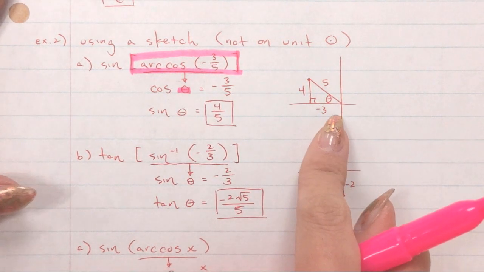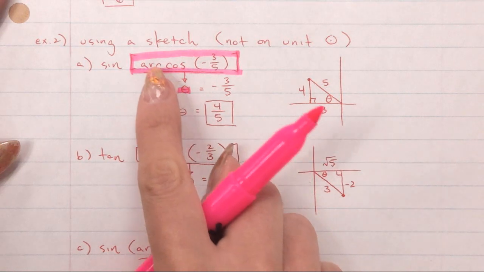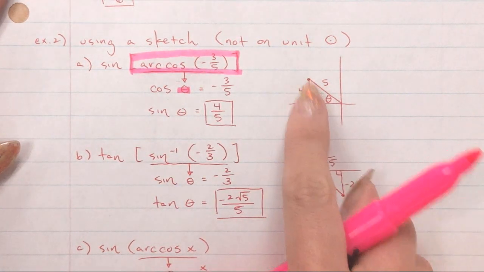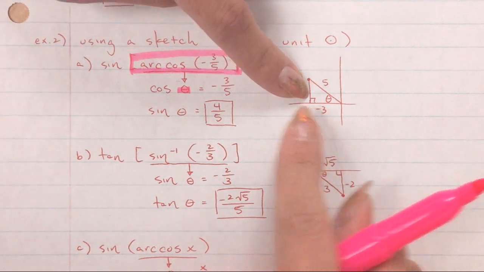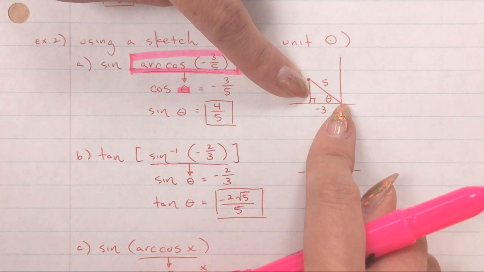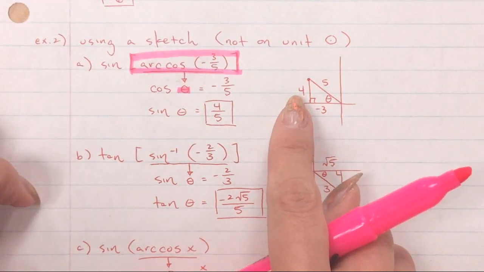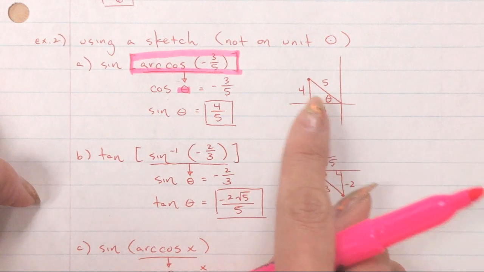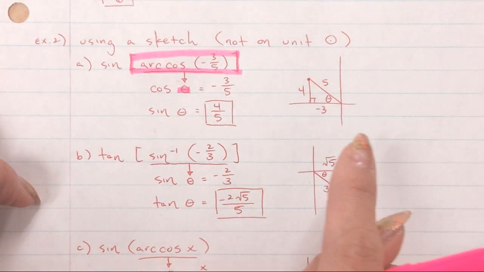How I do this picture is I know that cosine inverse is negative. That's in quadrant 2. So quadrant 2, I draw myself a little triangle. My negative 3 goes on the x-axis. My 5 is my hypotenuse. I think about what's this going to be, 3, 4, 5 triangle, or I can use Pythagorean Theorem. So 3 squared plus what equals 5 squared. Okay?